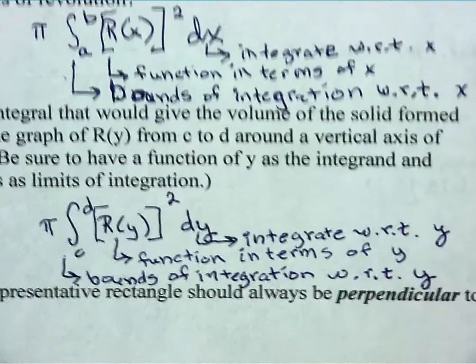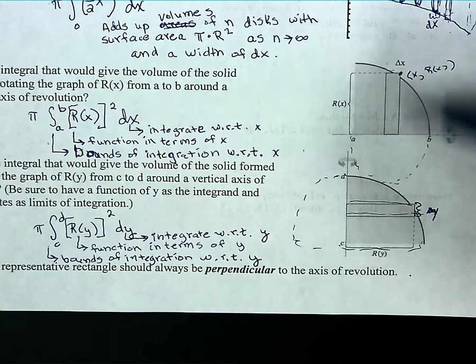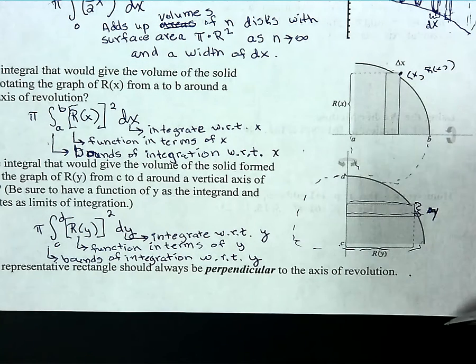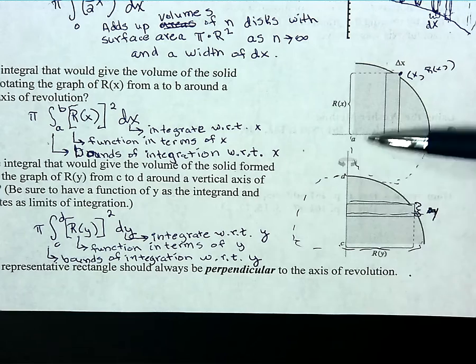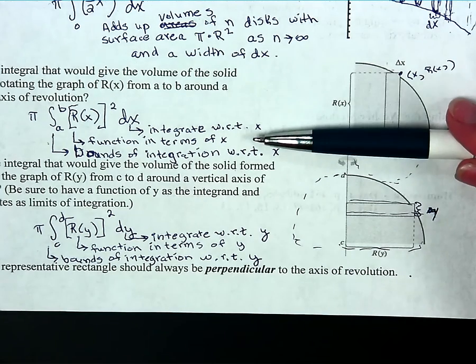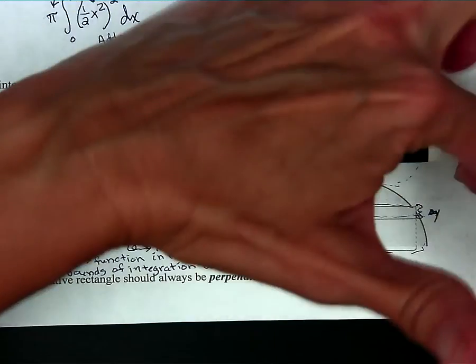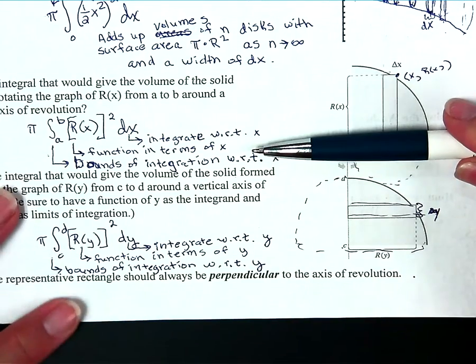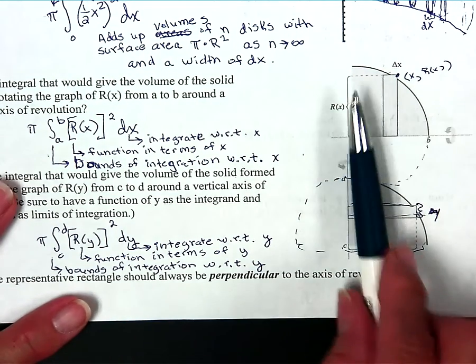And the thing that I notice about both of these is that my rectangles are perpendicular to the axis of revolution. If I am rotating around a horizontal axis, then I have vertical rectangles. And look up at my pen just a second.